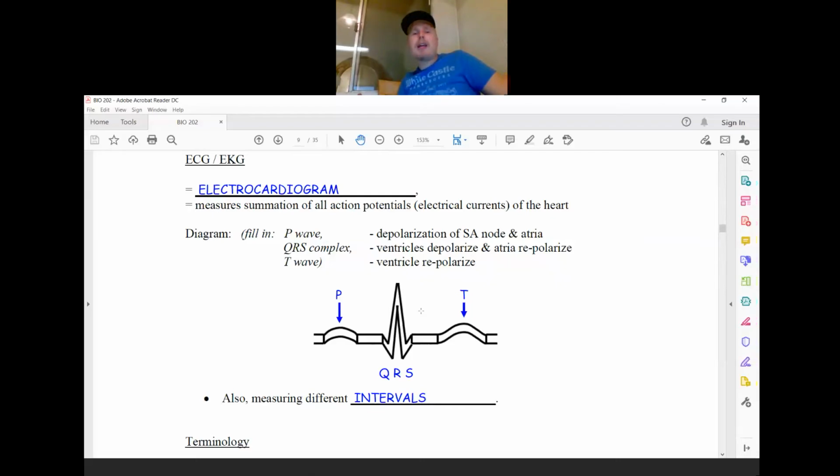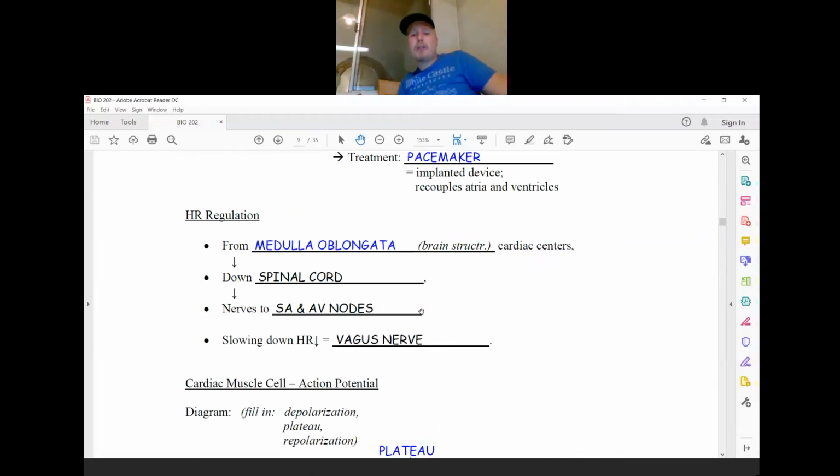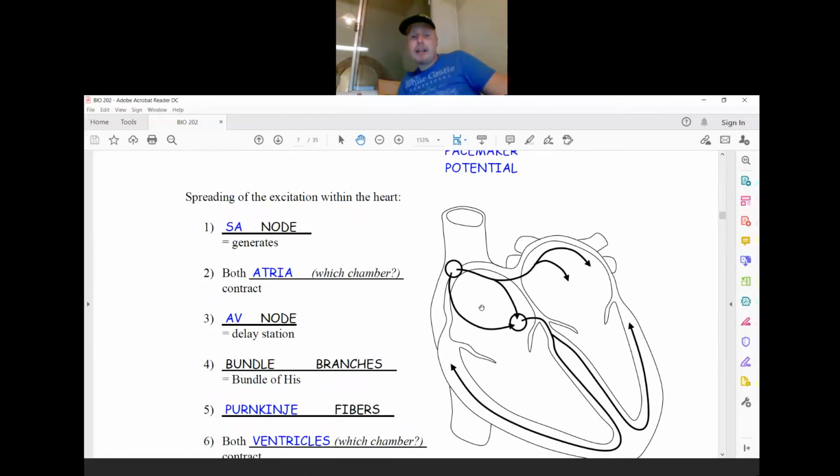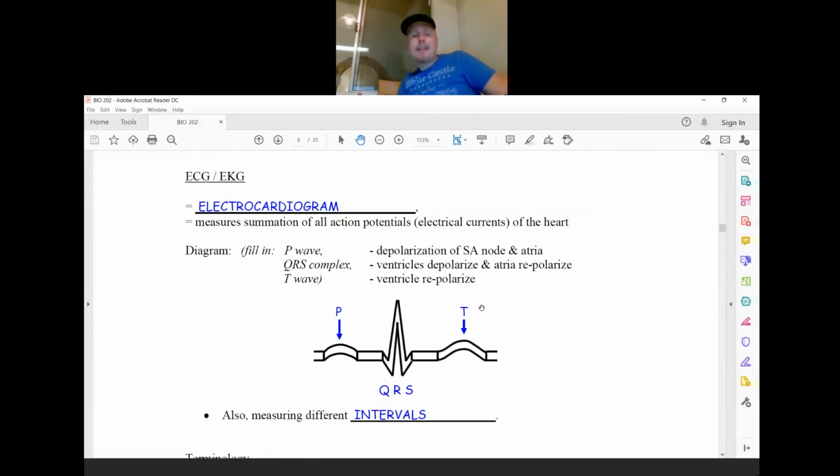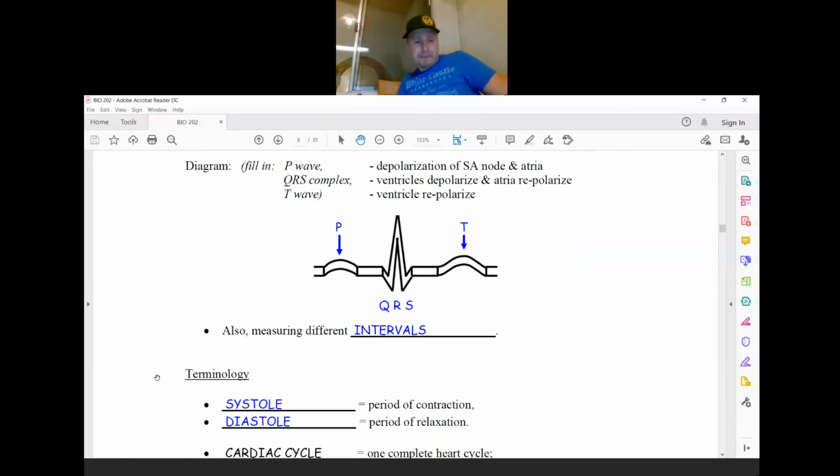So from those electrical events that we saw on this diagram, we can follow them on our ECG trace here. And like I said, we are not just looking at whether we see these bumps and whether their shape is correct. We're also looking at the intervals between these elements. And that's how you analyze an ECG.